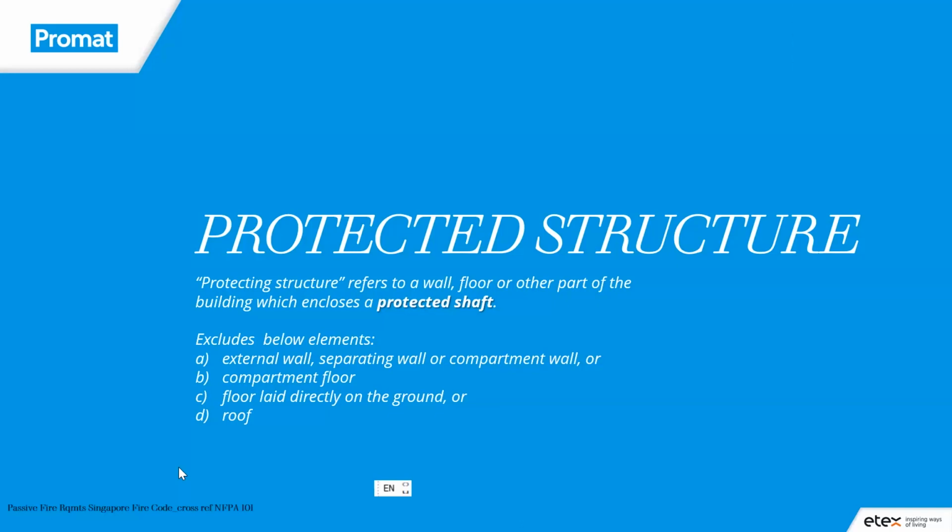I shall continue. I do not know whether the NFPA uses the same terminology, but this terminology called protected structure is also very critical to fire protection. A protected structure is the wall, the floor, or any part of this building that encloses a shaft. This shaft goes from the ground, maybe from the basement, all the way throughout the whole building.